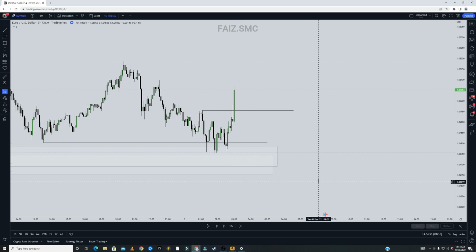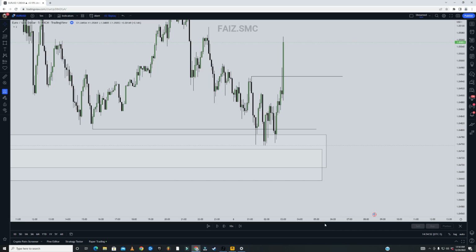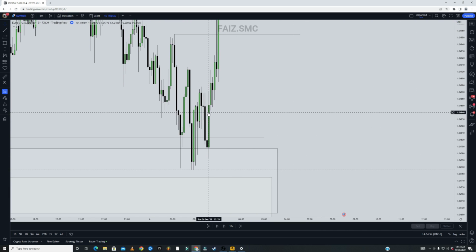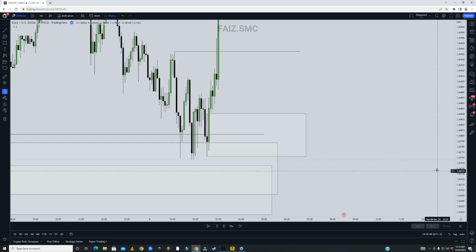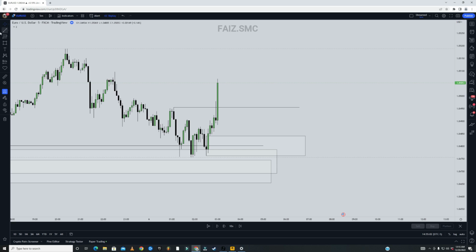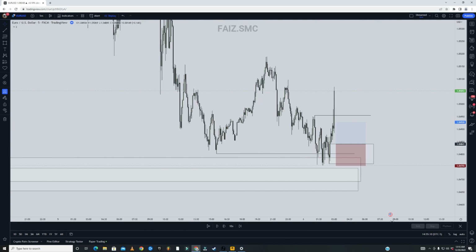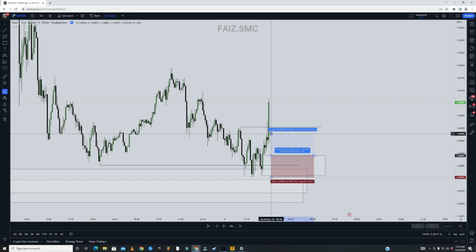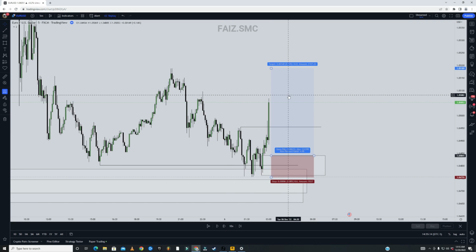So now we're going to choose the extreme fair value gap. And as you can see, there's this small little fair value gap. So we can use this and this OB as our entry, right? And we can take a long position right here with our stop below this level or this level. I would actually put it here because it's so close, and I can look for a take profit level here.